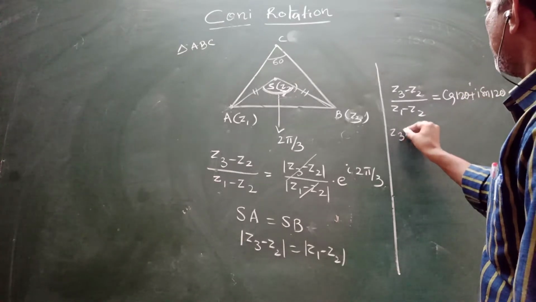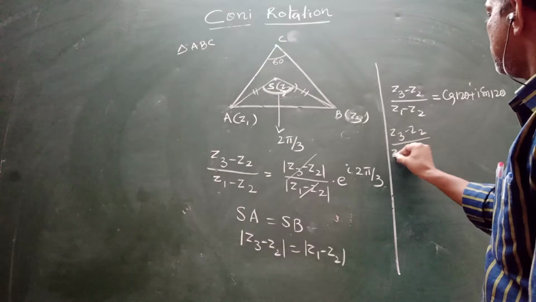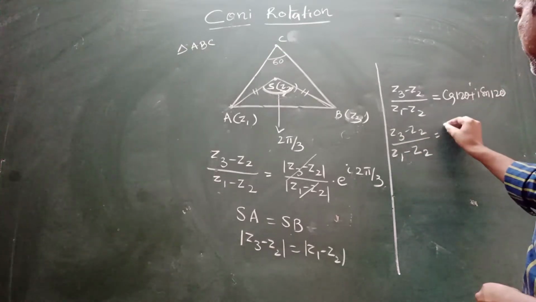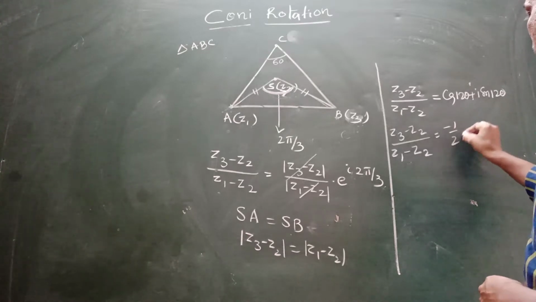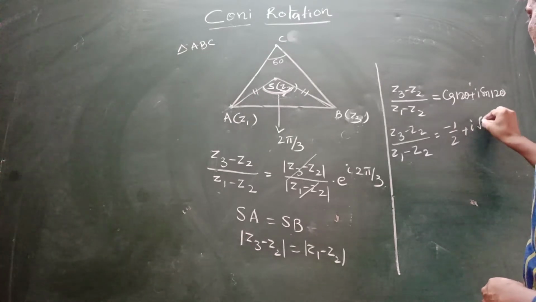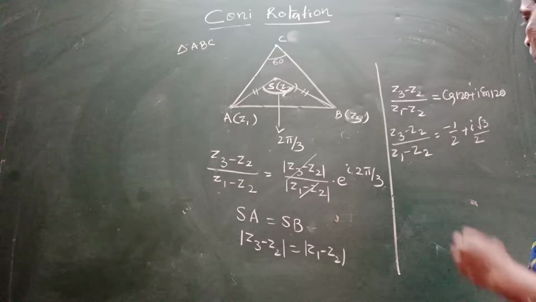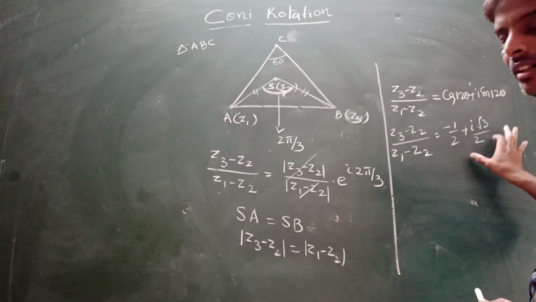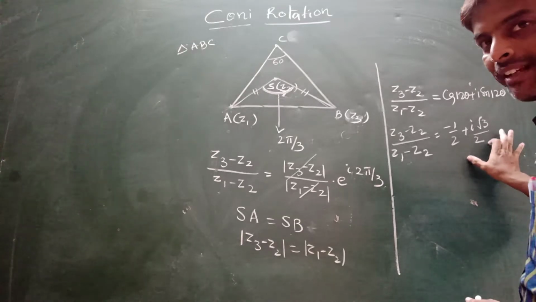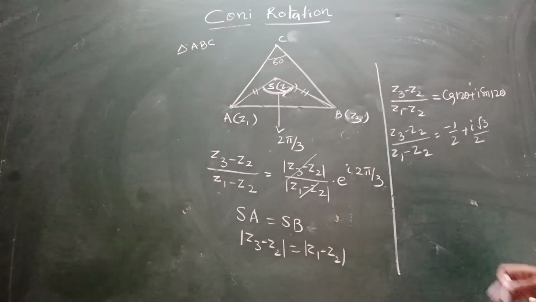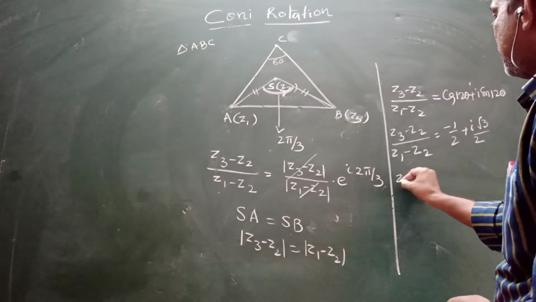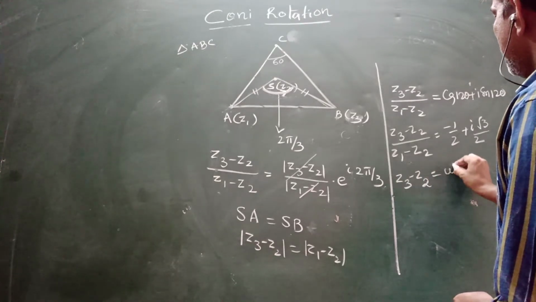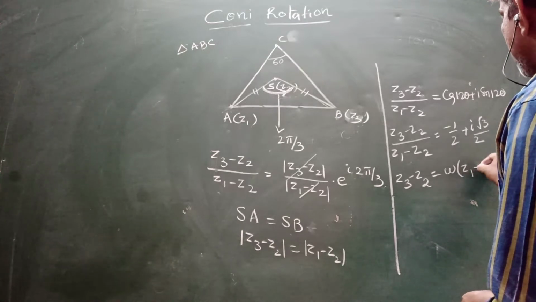So Z3 minus Z2 upon Z1 minus Z2 is equal to cos 120, which is minus half, plus iota root 3 by 2. So this is omega, the complex cube root of unity. Therefore Z3 minus Z2 is equal to omega into Z1 minus Z2.